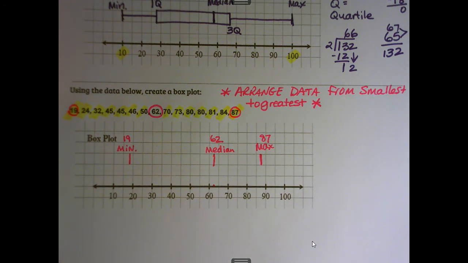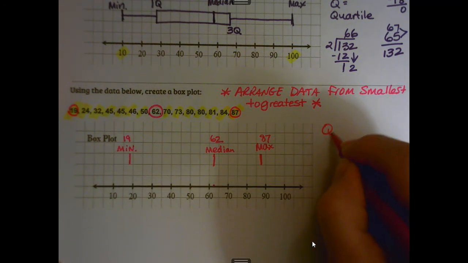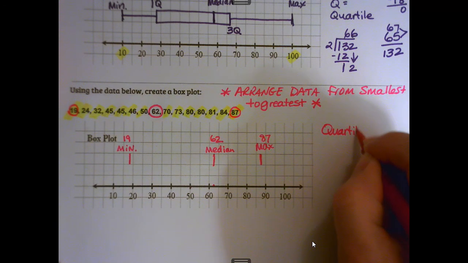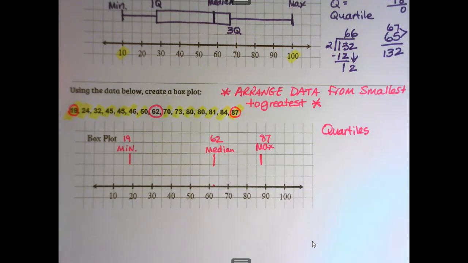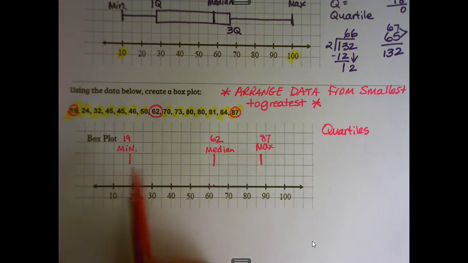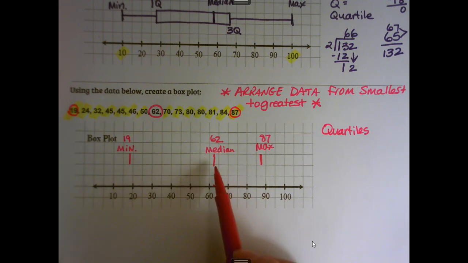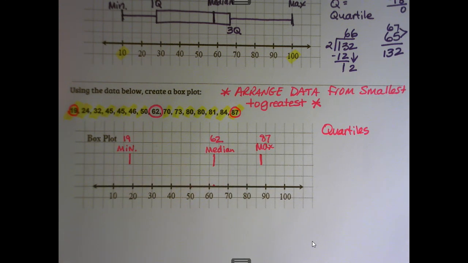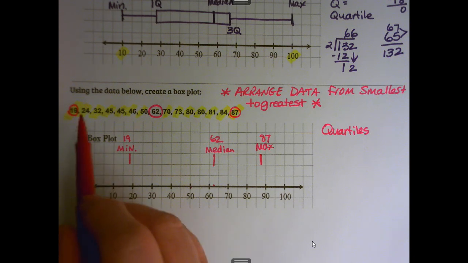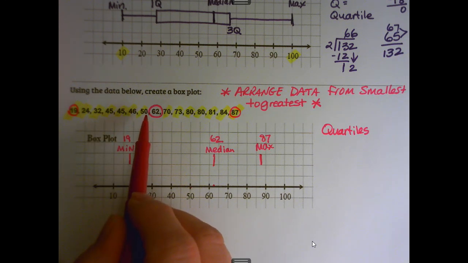Then we had our funny word, which was quartiles. Those are the middle of the first half of the data and the middle of the second half of the data. So to find our quartiles, we are going to count in from the edges here.